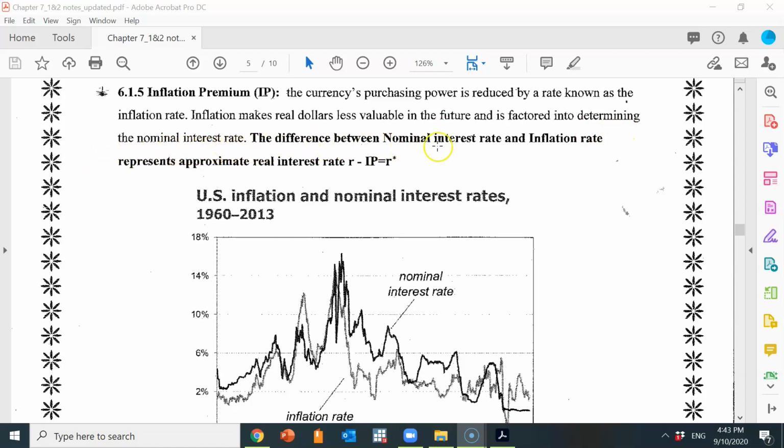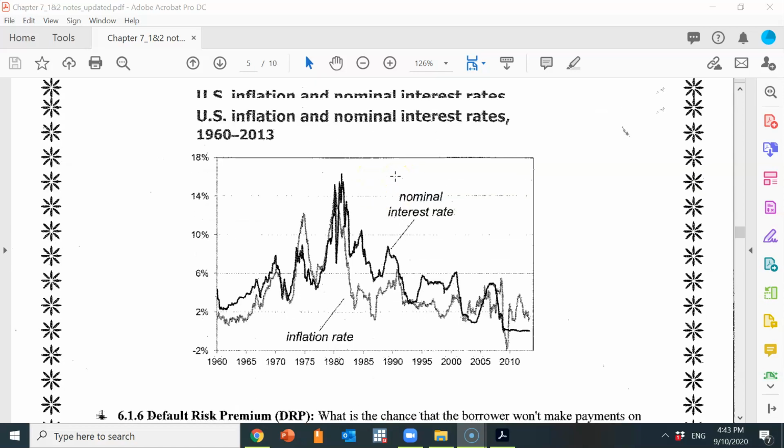The difference between the nominal interest rate and the inflation rate is the real interest rate. We have discussed this, and we know that the nominal rate R minus the inflation premium, IP, equals the real risk-free rate.